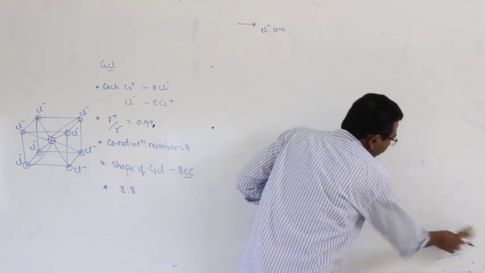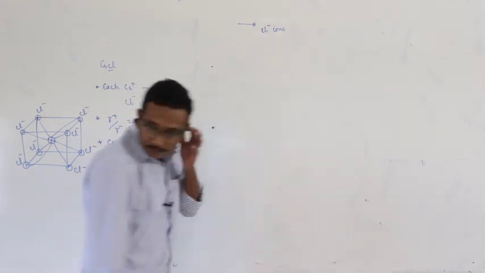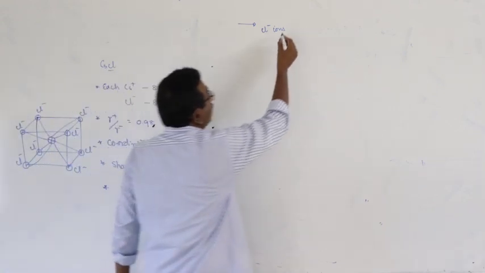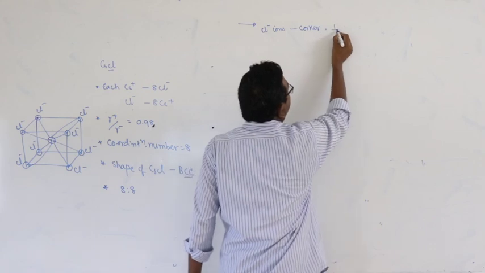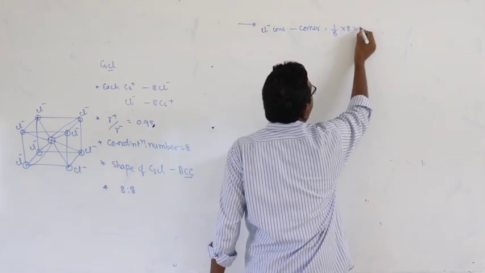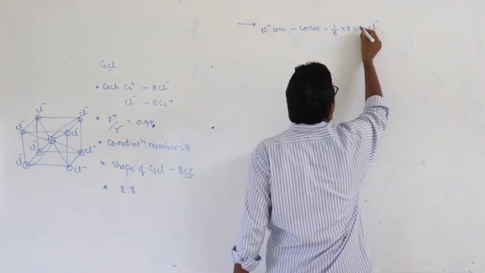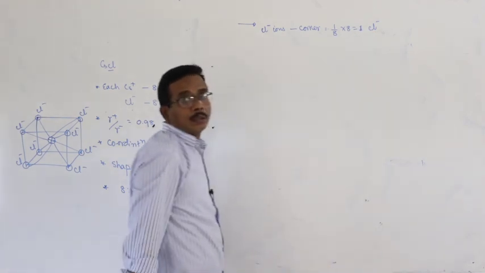Same points are repeated once again. Cs plus ions present at the corners. Therefore, contribution 1 by 8 into 8 is equal to 1. 1 Cl minus ion is present.